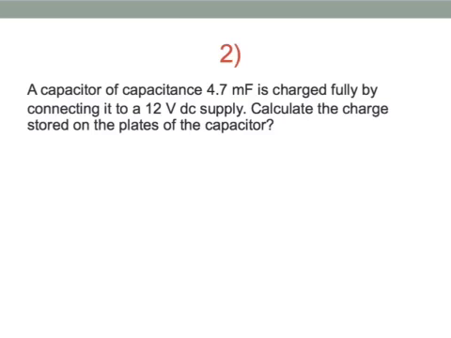Question 2. A capacitor of capacitance 4.7 millifarads is charged fully by connecting it to a 12 volt DC supply. Calculate the charge stored on the plates of the capacitor.